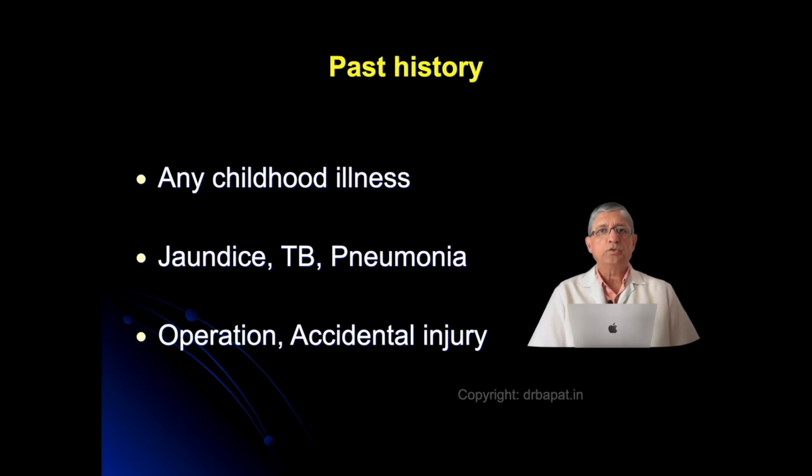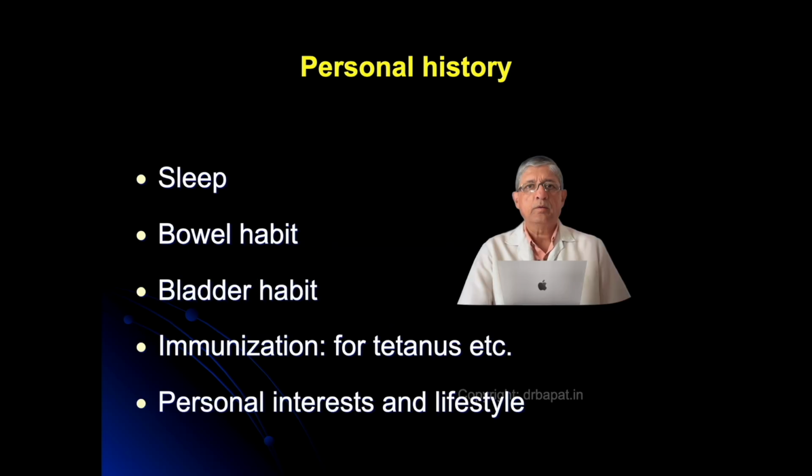And these are the points to be asked under the heading of past history. Any childhood illness, jaundice, tuberculosis, pneumonia, any operation done, suffered from any accidental injury, and ask the details if the patient suffered from any of them. These are the points to be asked under the heading of personal history.